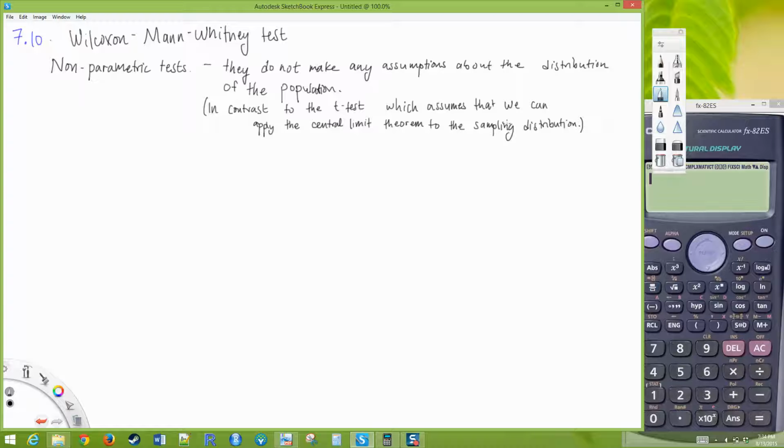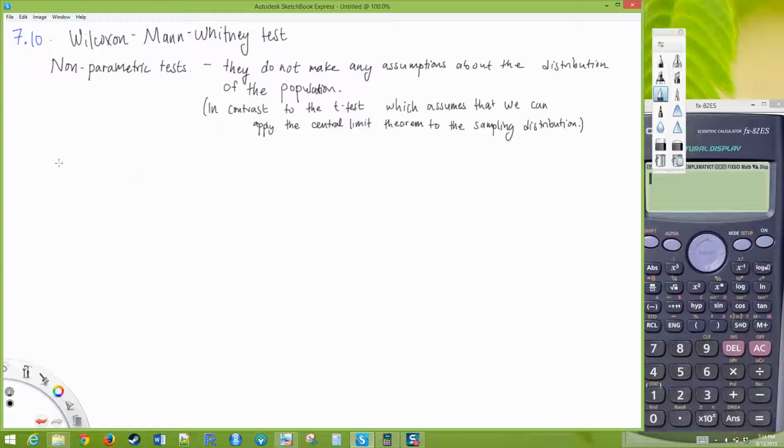Okay, so the t-test relies on the t-distribution, which is kind of a relaxed form of the normal distribution, and it all depends on the application of the central limit theorem, which says you take large enough samples from the population and you calculate the mean, you're going to get the normal distribution. Okay, so because we're not putting any assumptions on this, this fits under this category of nonparametric tests.